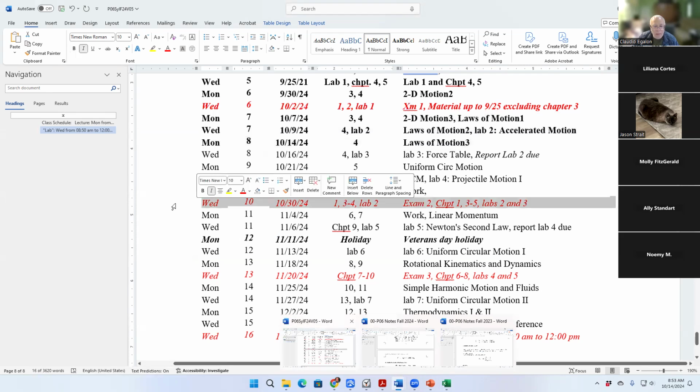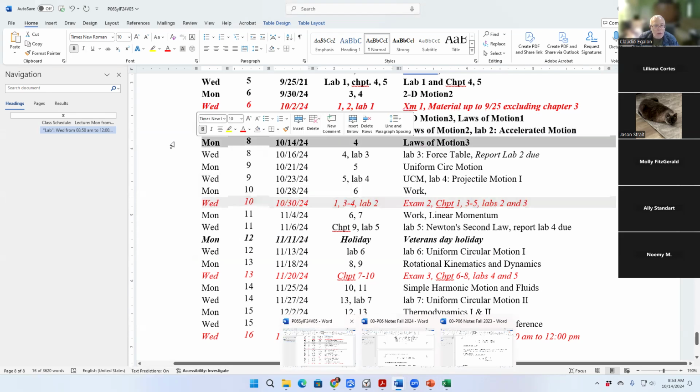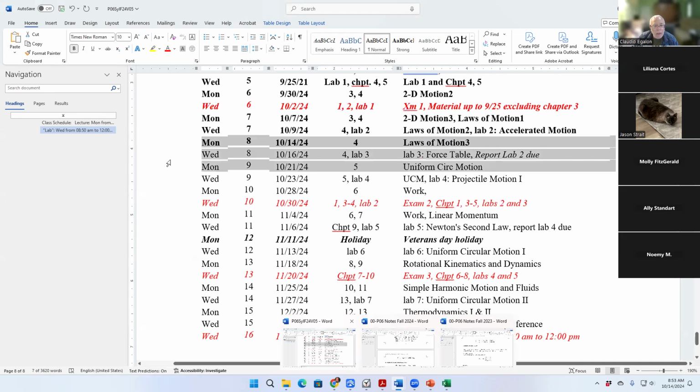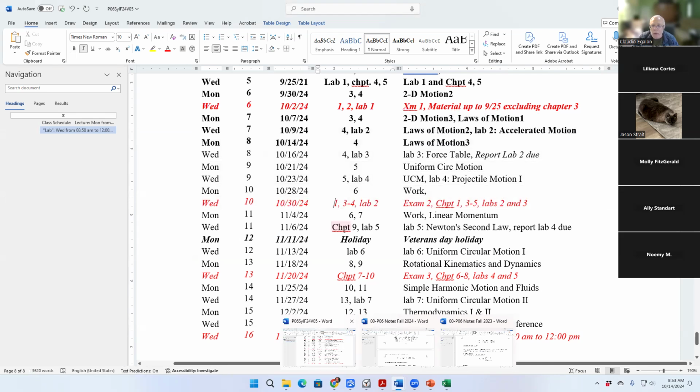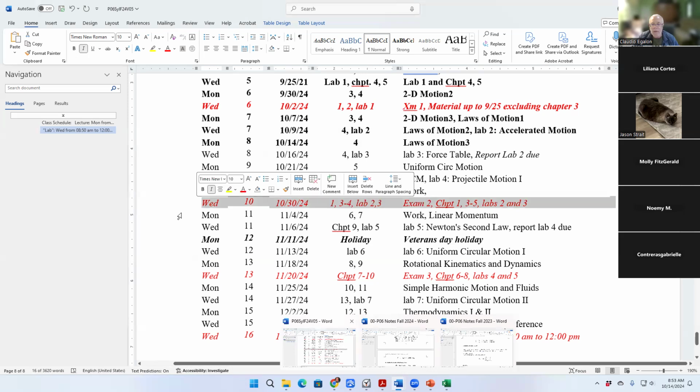The exam is by then, 2 weeks from now, right? 2 weeks and a half. On the 30th of October. Right now we have lab 1, 2, and 3. Right now we're scheduled to have this material for the second exam.